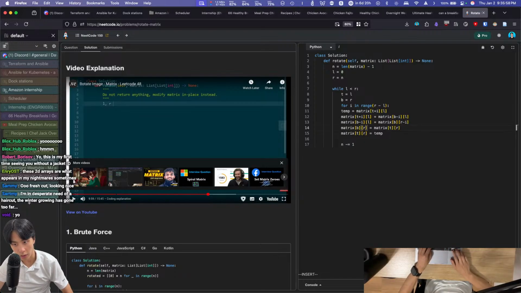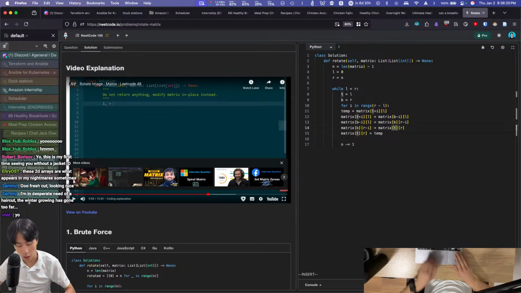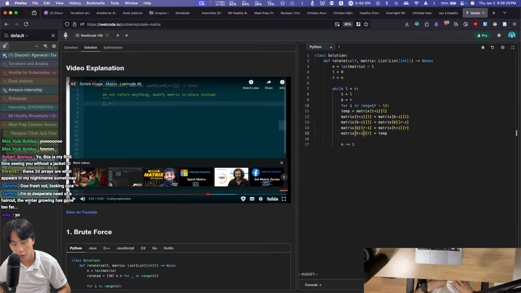So then this minus i is going to be top right, top plus i, and then top plus i is equal to temp.